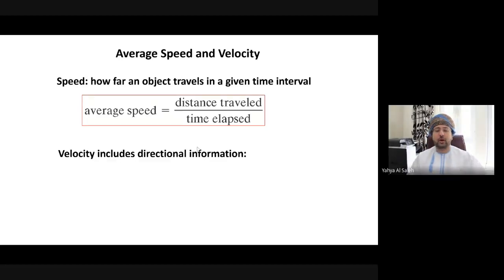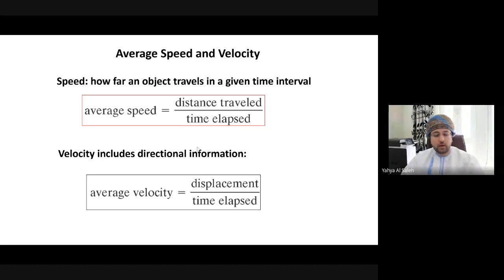What about velocity? Speed is scalar. Velocity is a vector. So we need direction. So we cannot use just distance. We need to use displacement.